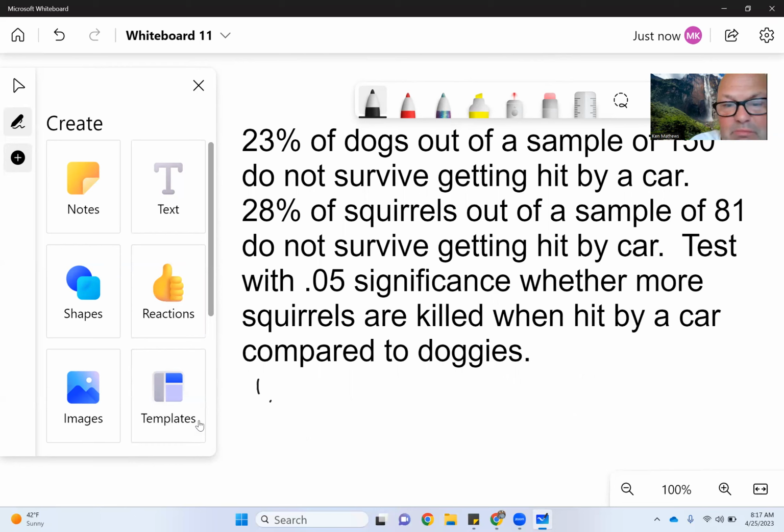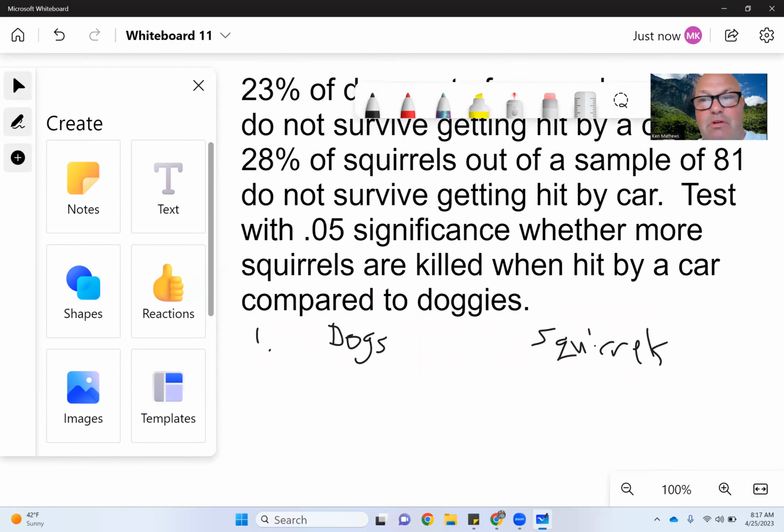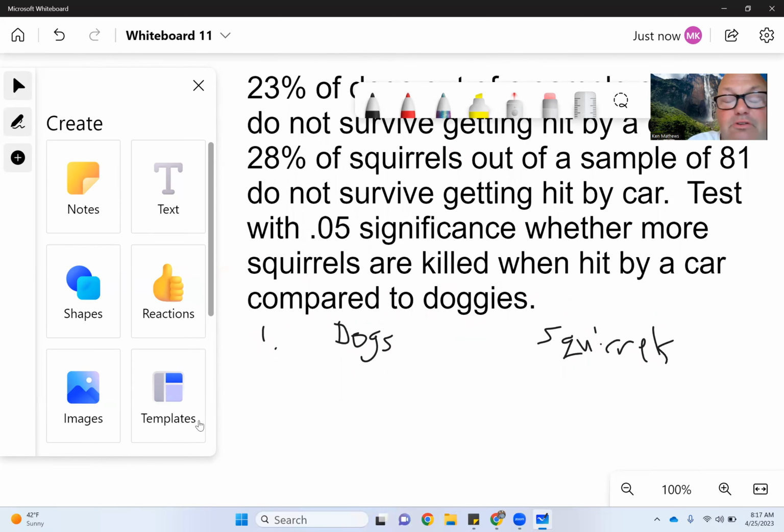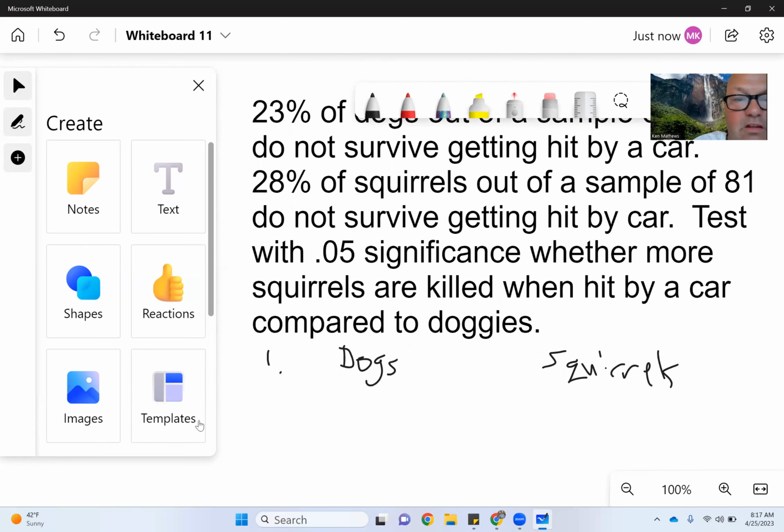So in this problem, we have some information about dogs and we have some information about squirrels. With the dogs, we have a proportion, which we'll call p1 hat, and that is equal to 0.23.